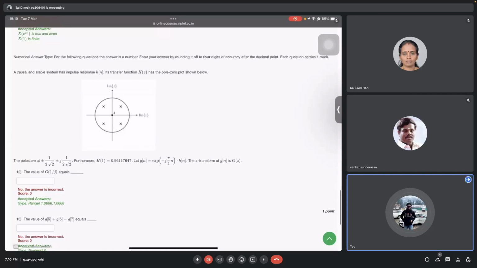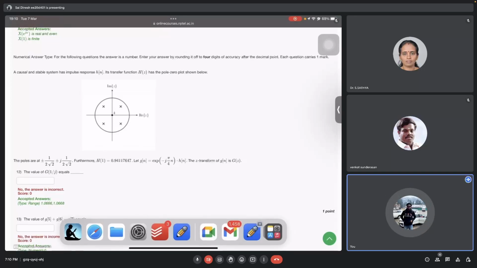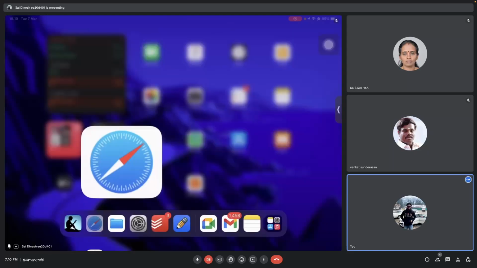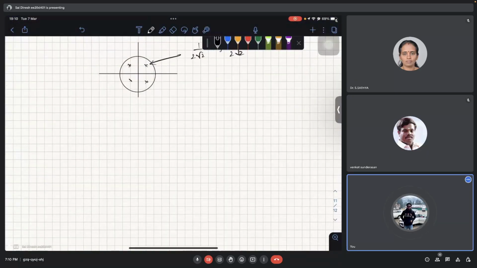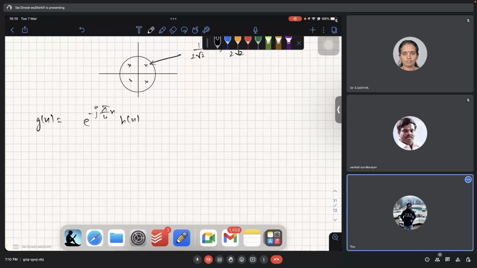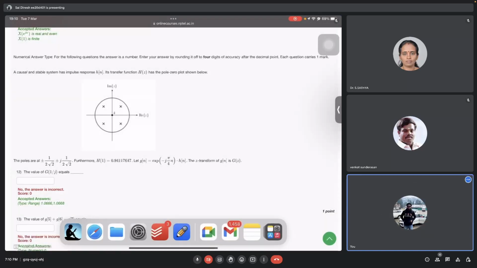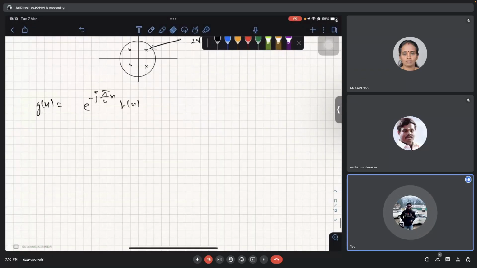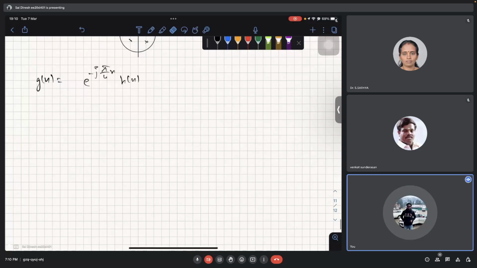Now g of n is exponential of minus j pi by 4 n into h of n, right? So g of n is e power minus j pi by 4 n into h of n. According to the shifting property, this is of the form e power minus j pi by 4, whole power n, into h of n.